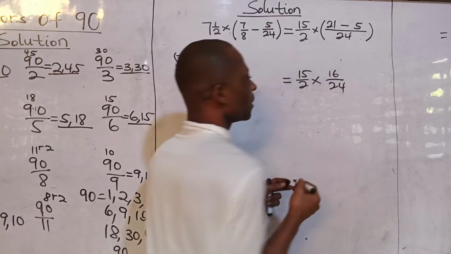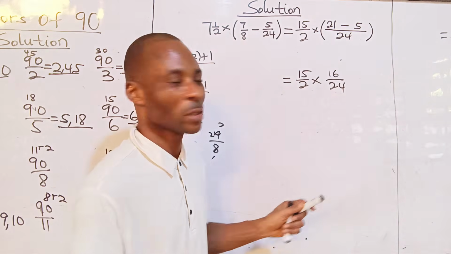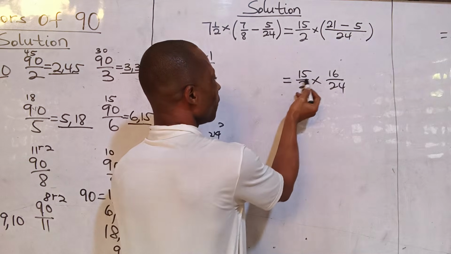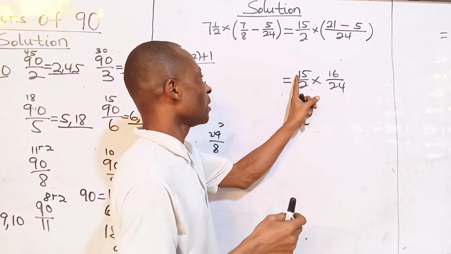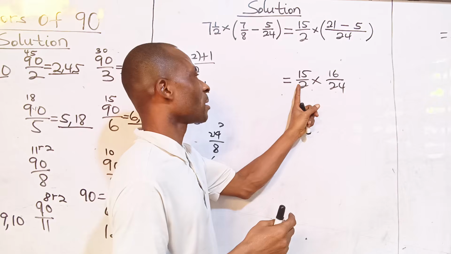So we have cleared the bracket. Now it is down to multiplication of fractions. You check between 15 and 2. If there are common factors, then you do the cancellation here. 15 and 2 don't have common factors, since 2 is a prime number.